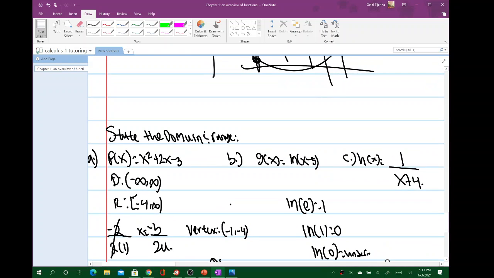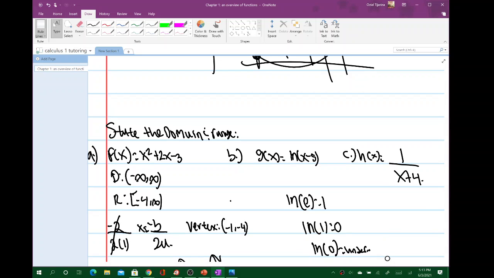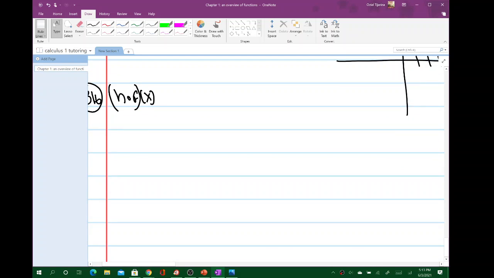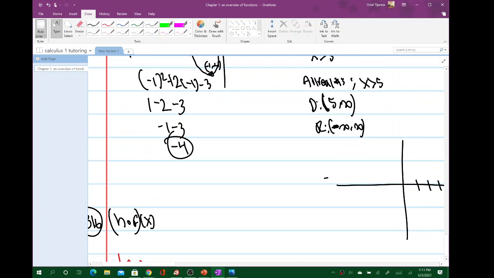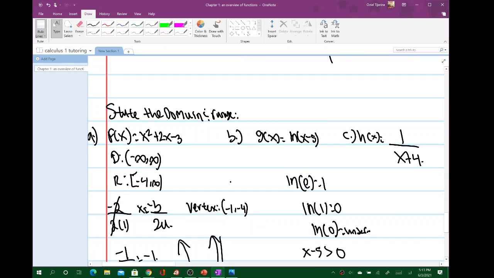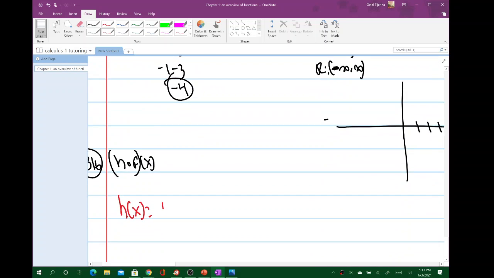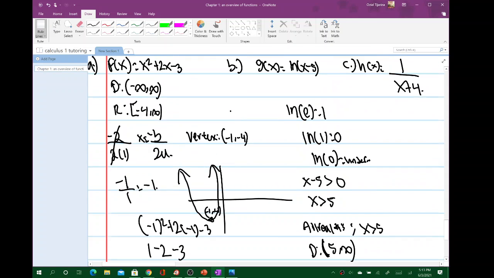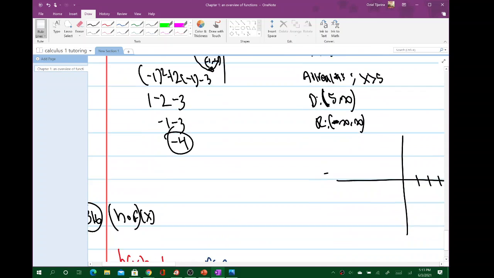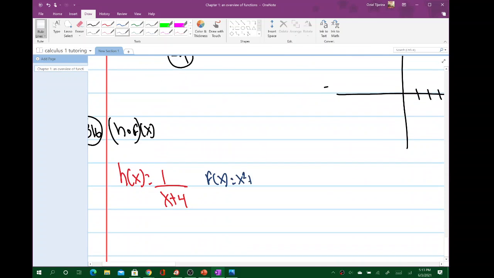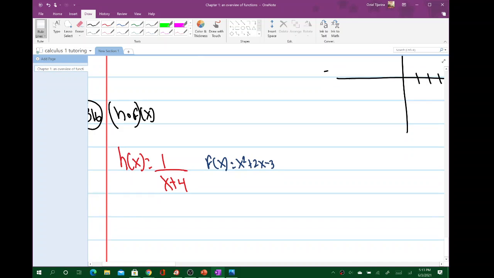Let me actually, hold on. So h of x, we know h of x is equal to 1 over x plus 4. And f of x equals x squared plus 2x minus 3.